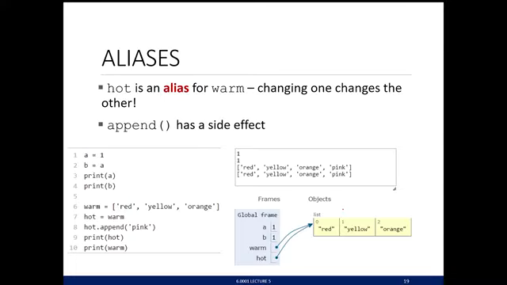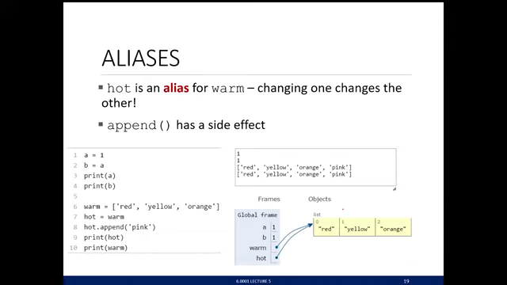there's something different that happens. So warm is a variable, and it's going to be equal to this list. Warm is going to point to this list here, red, yellow, orange. It contains 3 elements. Hot is equal to warm means I'm creating an alias for this list, and the alias is this variable hot. So notice warm and hot point to the exact same object.